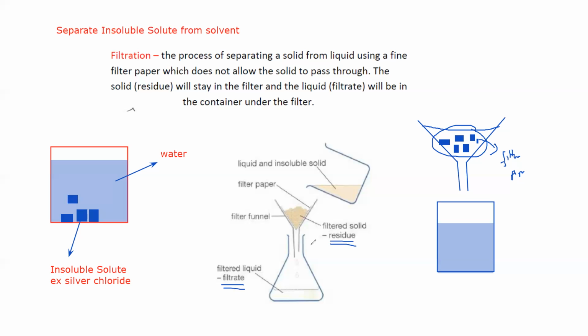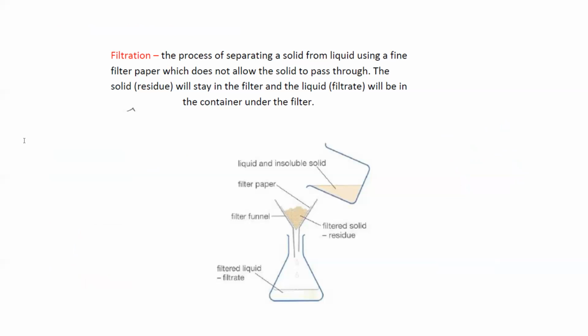You want to separate different insoluble solutes, as we discussed. So it can be any of the insoluble solutes. The examples of insoluble solutes are sand, or most chlorides are soluble except silver chloride, mercury chloride, or lead chloride.